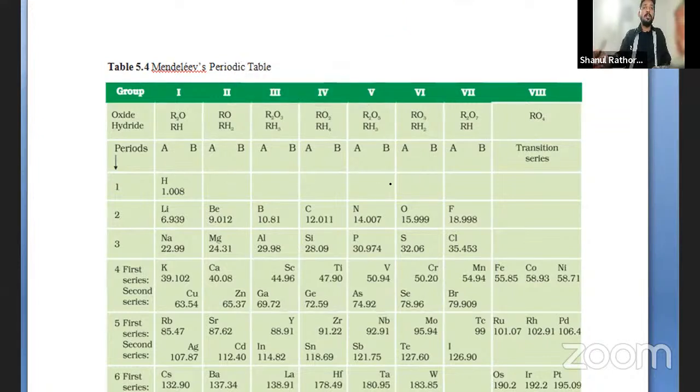So as you can see, the empty blocks are just because the elements were not sufficient in those days, and he knew that in future we would get more elements.